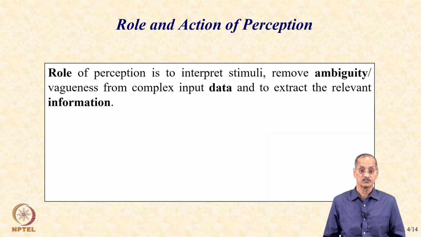That is exactly what the system has to do: remove ambiguity and vagueness from complex input data and extract the relevant information. You will find that a simple attribute like perception itself involves so many tasks. You have to remove ambiguity, and you have to extract relevant information from data which is complex in many ways.